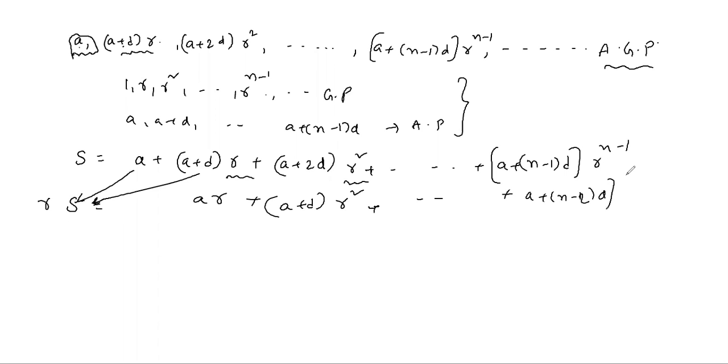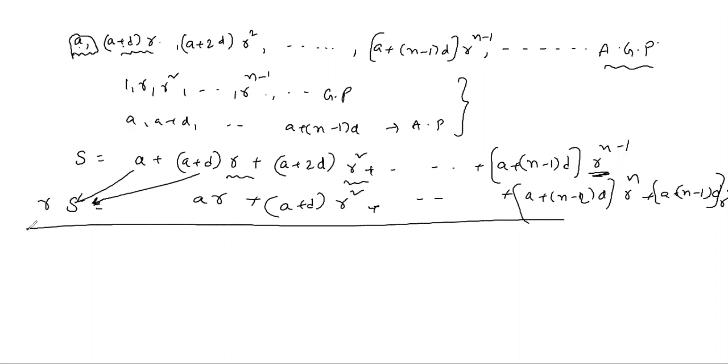Now if you multiply, what do you get? A plus n minus 1 into D into R power n. Now you have to subtract. S minus RS is S into 1 minus R. First term same. Second term, AR will cancel. DR square will cancel; 2DR square minus DR square is DR square, then DR cube and so on, DR power n minus 1.